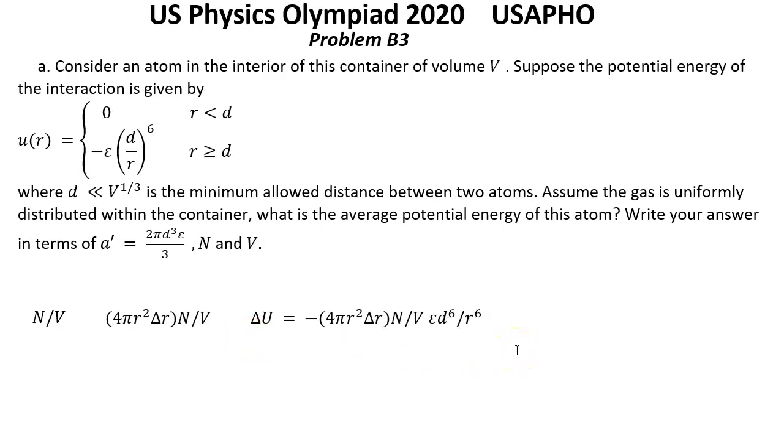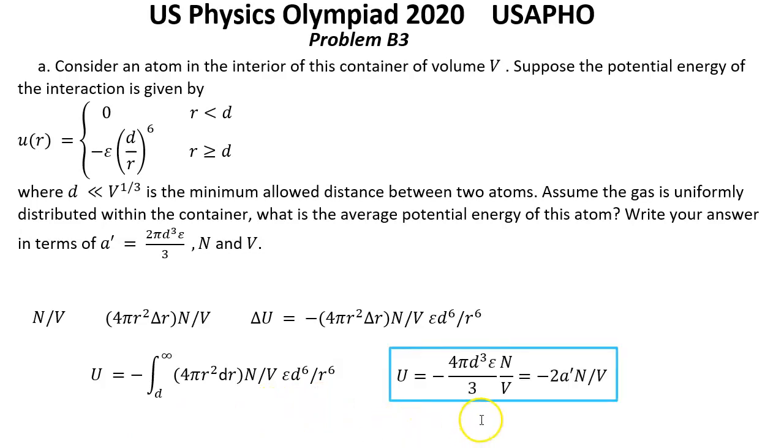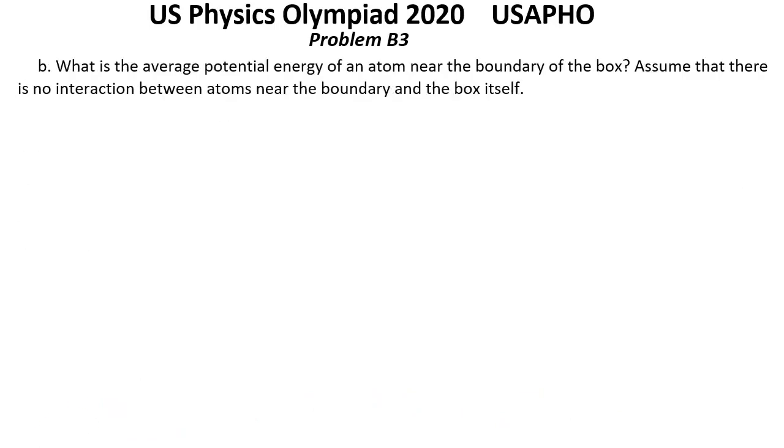Then the potential energy is given by the integral from d to infinity, which is this one. And after integration we have this expression, which in terms of A prime, n and V equals negative 2 A prime n over V. That was the solution for question A.